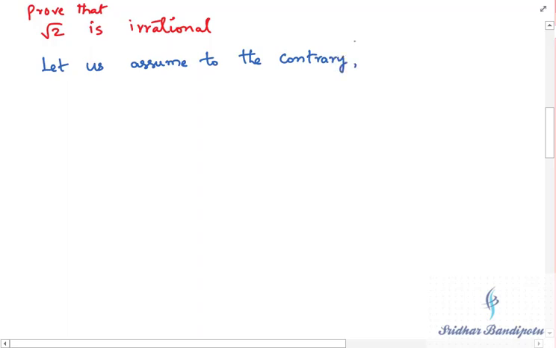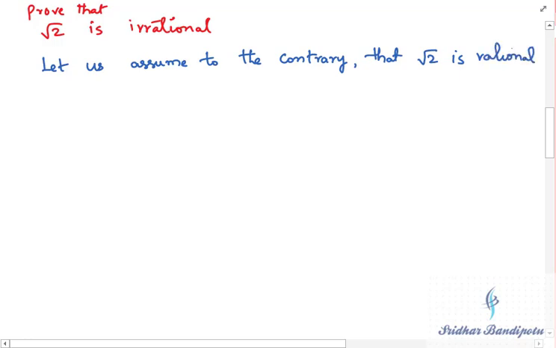Root 2 is irrational, but I am taking the contradicting statement: root 2 is rational. So let us assume to the contrary that root 2 is rational.